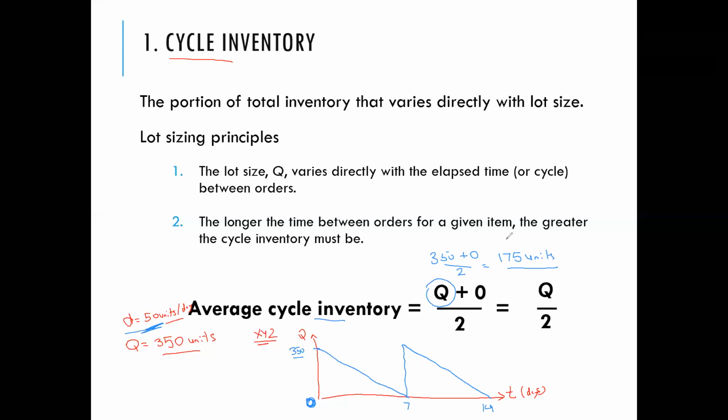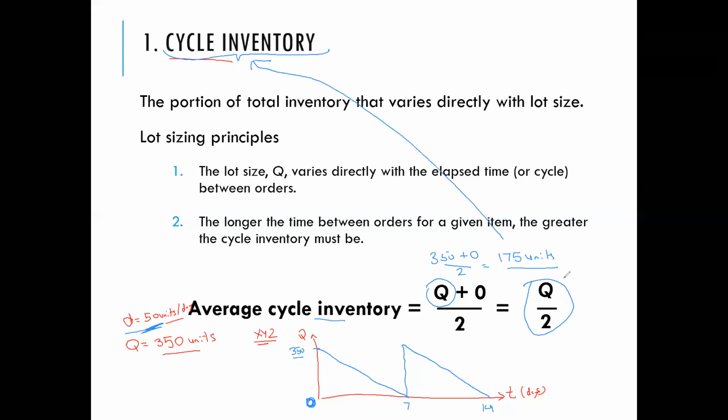Now this 175 units is called cycle inventory. So the cycle inventory is the average amount of inventory we hold in a cycle. The formula for cycle inventory is Q by 2.